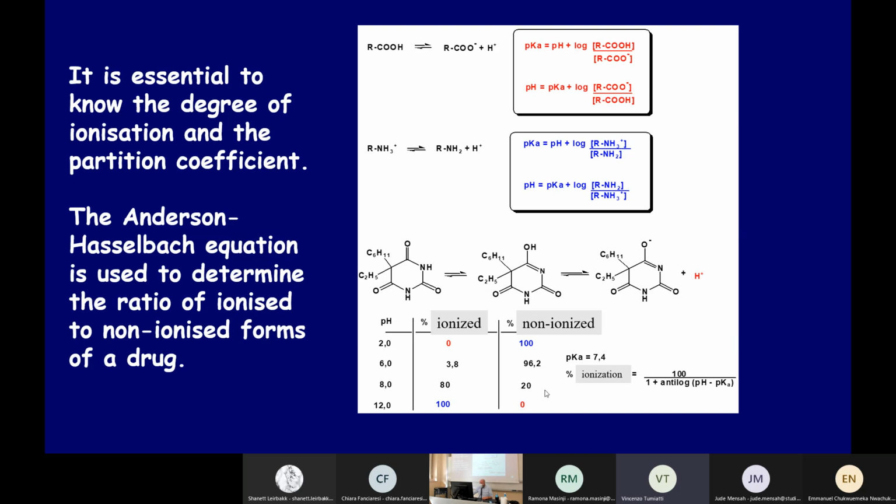In this case, the absorption is very difficult. Only the unionized form is able to cross the membrane. In this case, barbiturate has a pKa of 7.4, you see.